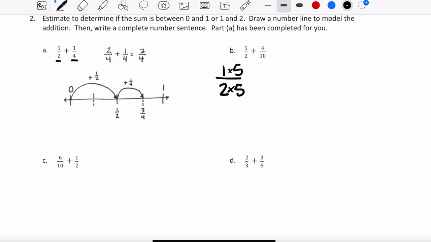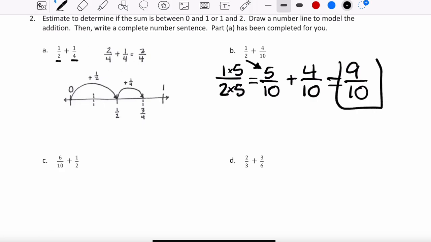We know times 5 gets 2 to 10. So if I take 1 times 5 is 5 and 2 times 5 is 10. So now 1/2 is the same as 5/10. Now I can add the 4/10, which equals 5 plus 4 is 9/10. 9/10 would be my answer.